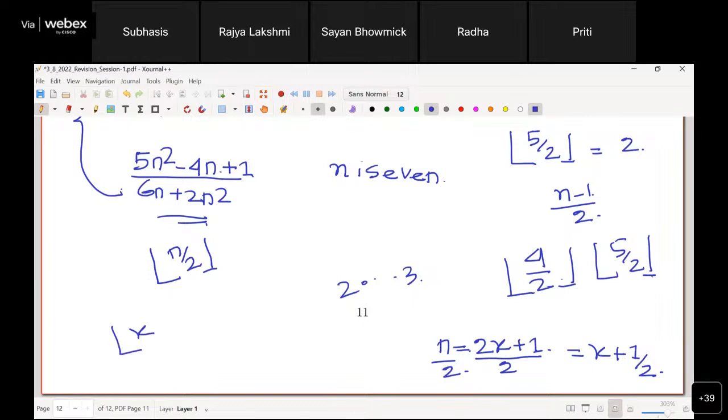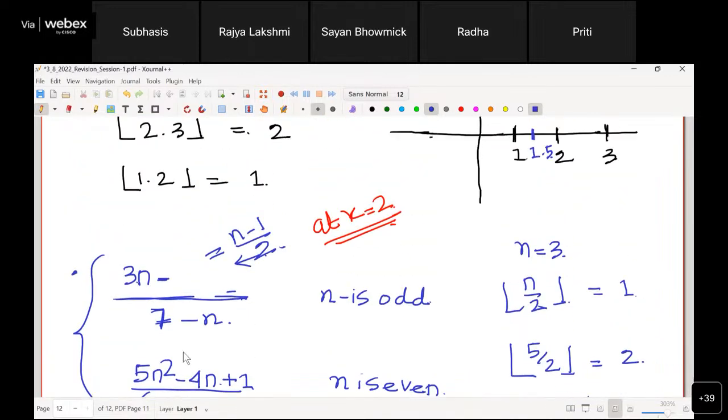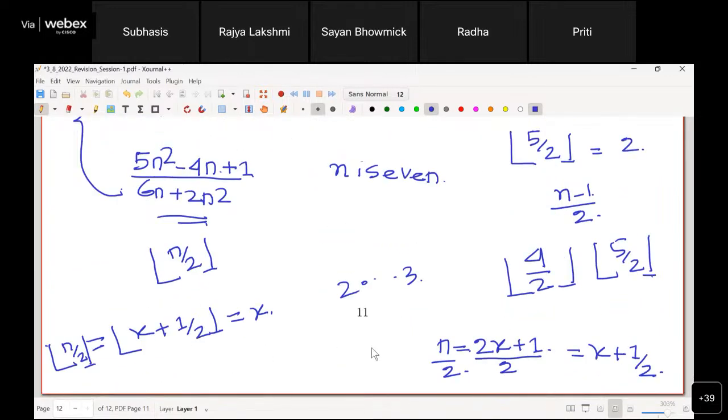Yeah. So this is the same as the greatest integer of n by 2, and this greatest integer is precisely x. Whatever you have said is correct. Again you have to write that this x is nothing but n minus 1 by 2.